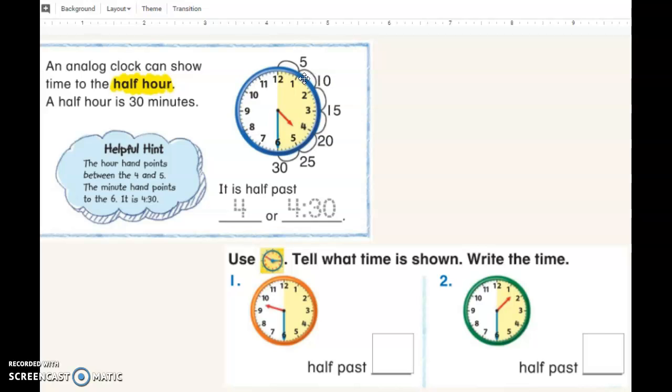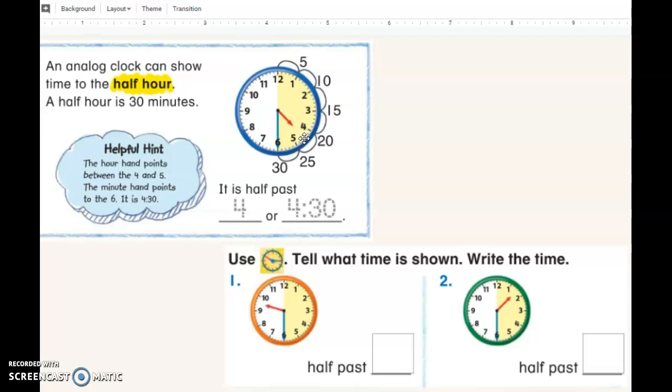If we count every single little tiny line to where the blue minute hand is, it's going to tell us 30. Now let's focus on the hour. The hour hand is the shorter hand. It doesn't touch the 4 directly and it doesn't go to the 5 directly, but when it's in between 2 numbers, we go to the number that comes before on a clock.